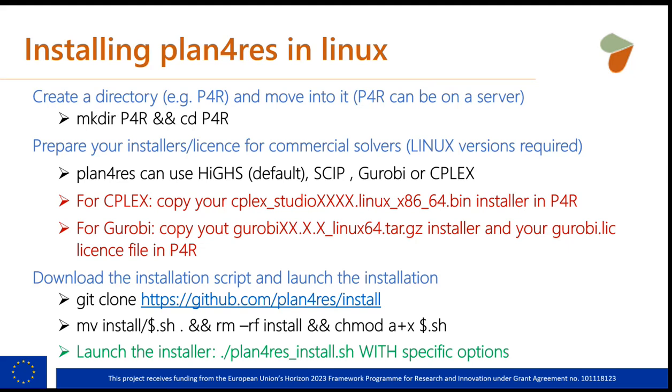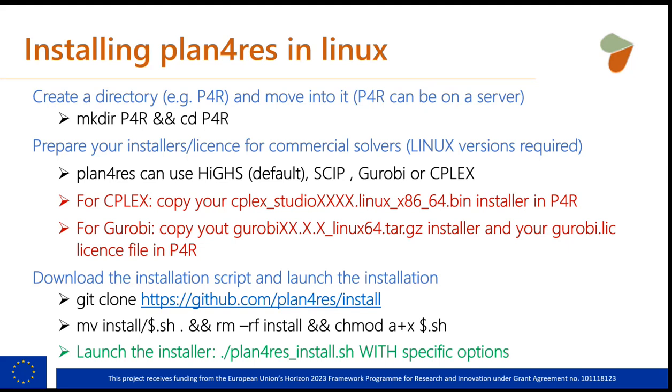Plan4res can be used with different solvers for solving the mixed integer linear problems. It can be HiGHS, SCIP, Gurobi, or Cplex. If you want to use Gurobi or Cplex, you need to first retrieve the Gurobi or Cplex installer, and for Gurobi also the Gurobi license file.